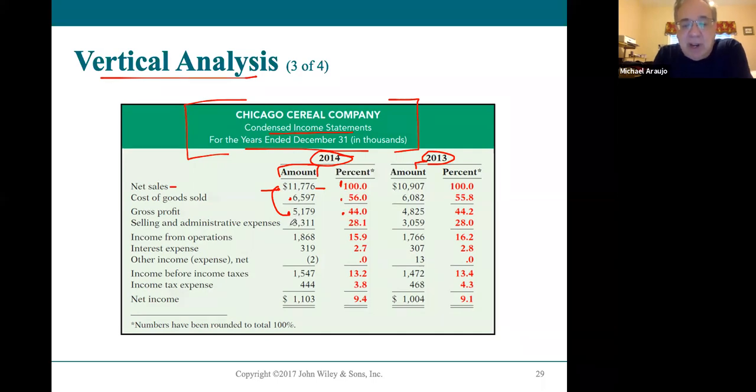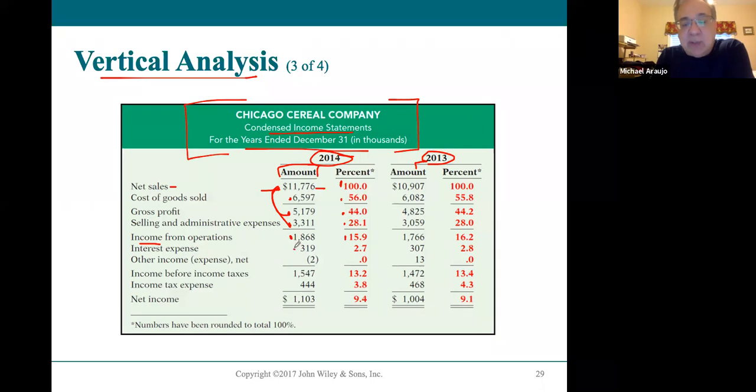Selling and administrative expenses were $3,311 out of the total of $11,776, which is 28.1% of the whole. Income from operation, remember in this case, this is the profit from your operation, $1,868 divided by 11,776, which means that it's 15.9% of your revenue.